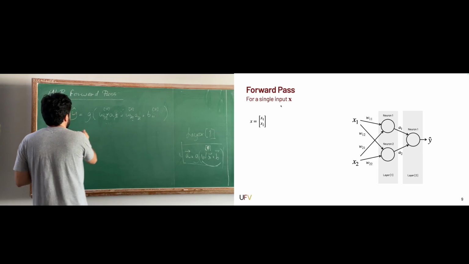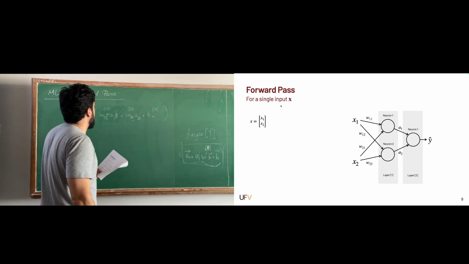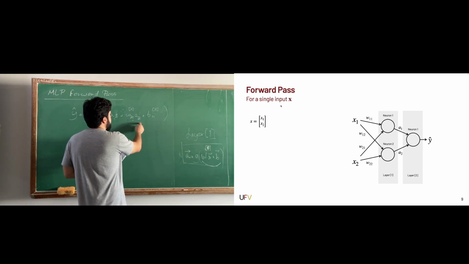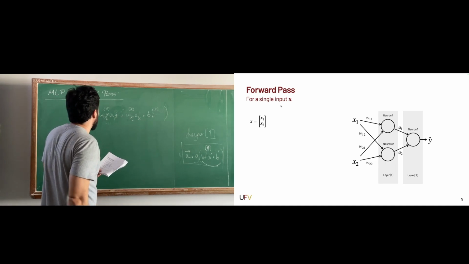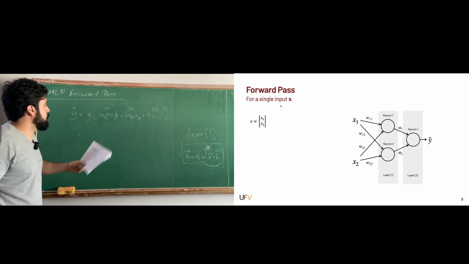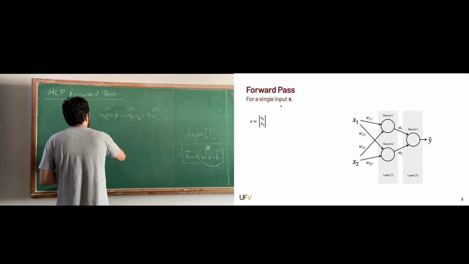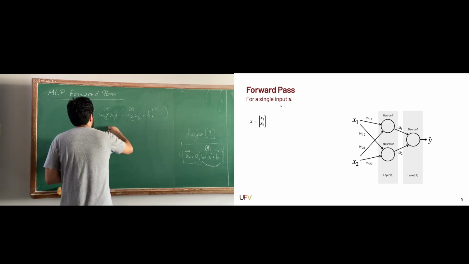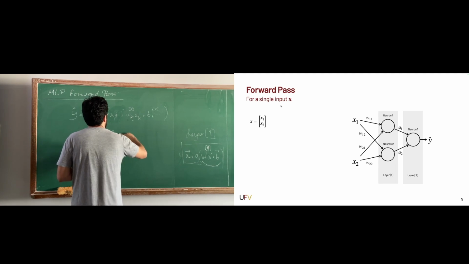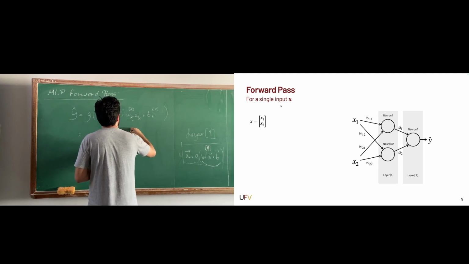And I can apply the same idea here of transforming these operations using matrix multiplications. Right now we have a row vector W11, W21 of the second layer.